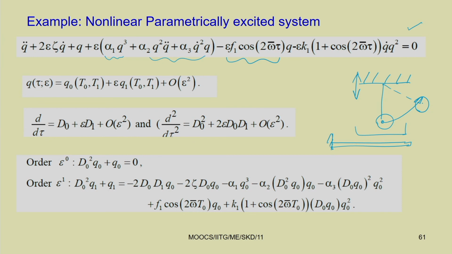Due to the presence of acceleration, this term is known as an inertia nonlinear term, and this is a product of two velocities and displacement, and it is also known as an inertia nonlinear term. So, these two terms are inertia nonlinear terms and this is a geometric nonlinear term.